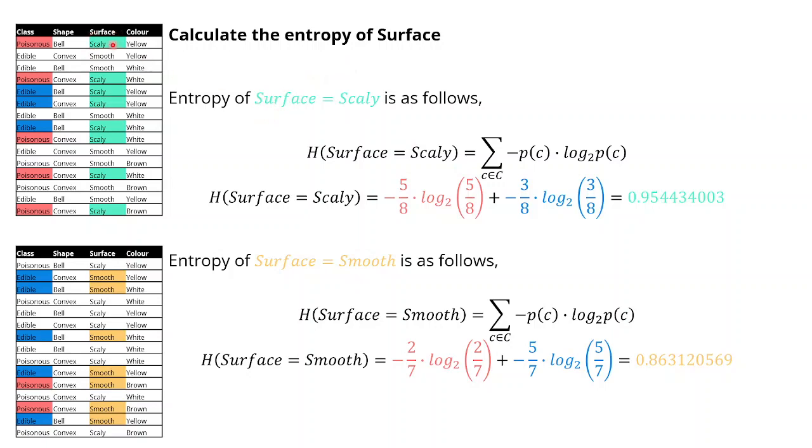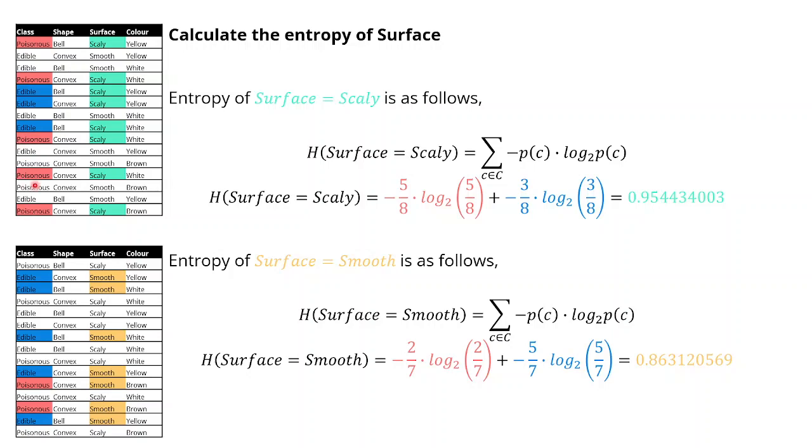So first, let's start with the scaly surface. How many scaly surfaces do we see? We have 1, 2, 3, 4, 5, 6, 7, 8. So we have 8 scaly surfaces. Out of those 8 scaly surfaces, how many are poisonous? We have 1, 2, 3, 4, 5.